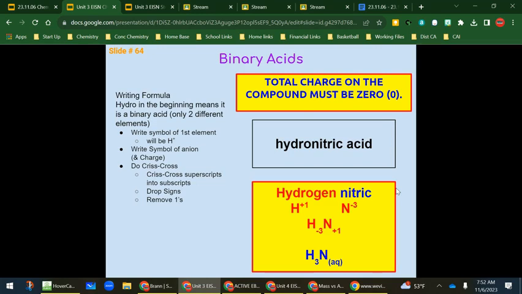That is what makes something an acid, that there is this H3O plus ion floating around in your solution. Nitrogen is just along for the ride. It's just the negative part that happens to be attached to the hydrogen. The hydrogen is the important part, which is why all acids have to have hydrogen in them. Questions?